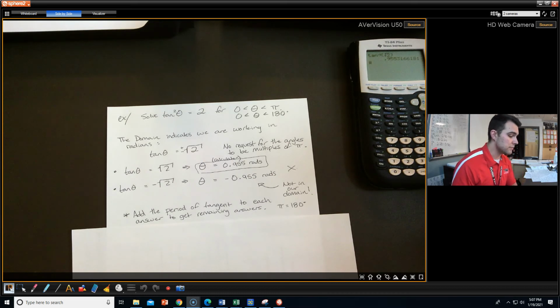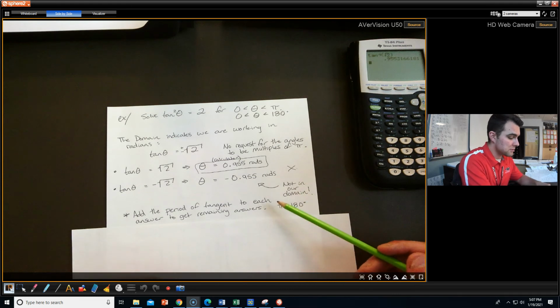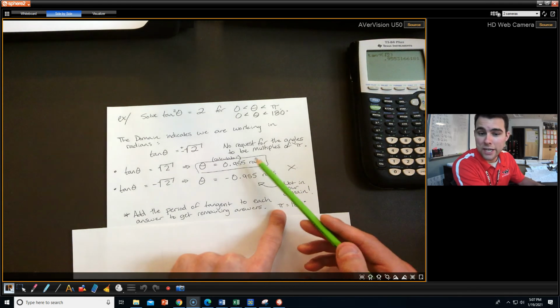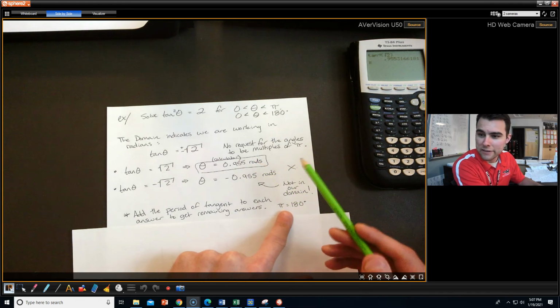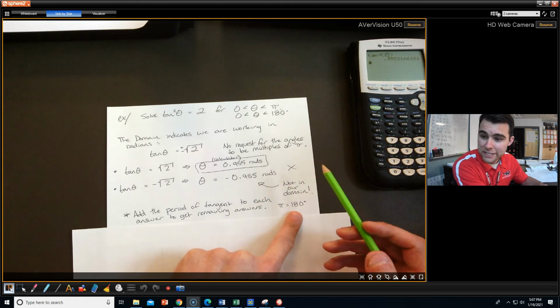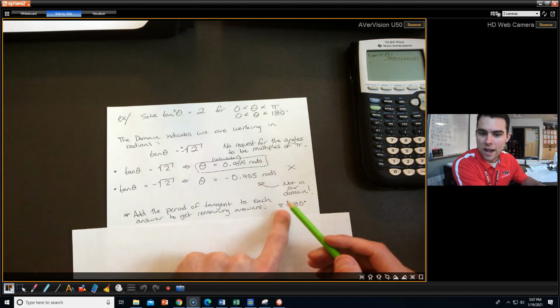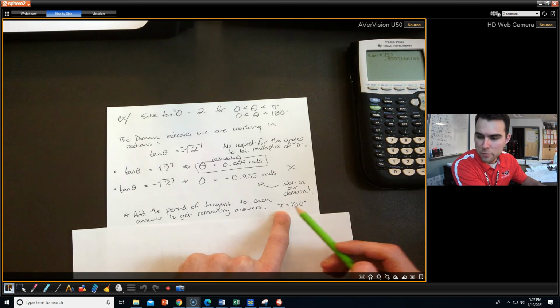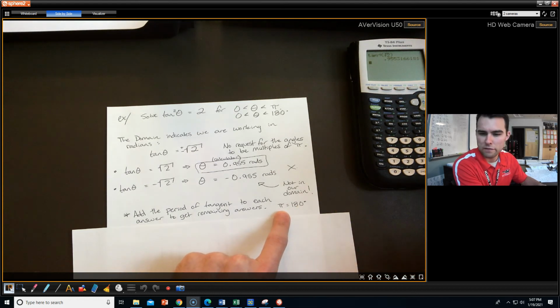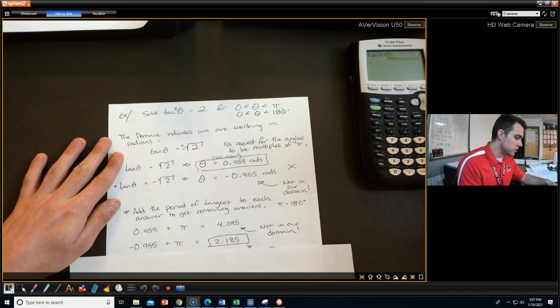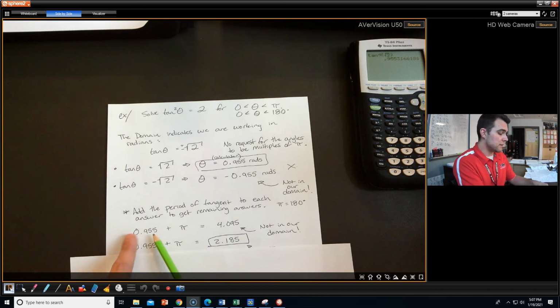So I guess in this case, because we're working in radians, I'm not going to add the period 180 degrees, even though that's a period of tangent. I want to add pi, right? And we know pi in our calculator is 3.14. So what you could do in your calculator is take each of these guys, and now we can add our period.